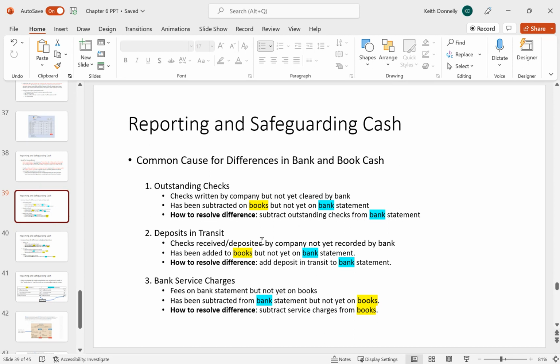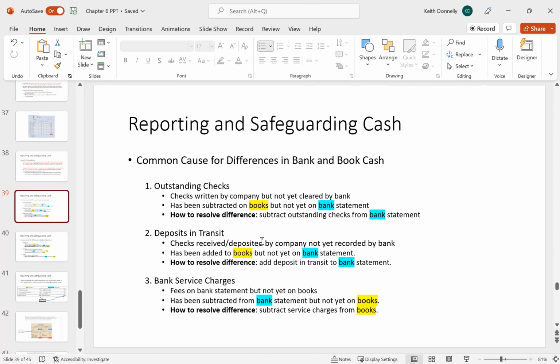The next one would be deposits in transit. So here's the idea: checks received and deposited by a company, not yet recorded by a bank. When you get a check and deposit it, it doesn't automatically hit your account. It might take a day or two to clear. And if during that day or two the bank issues its end of the month report for you, it wouldn't have accounted for that because it hasn't cleared yet.